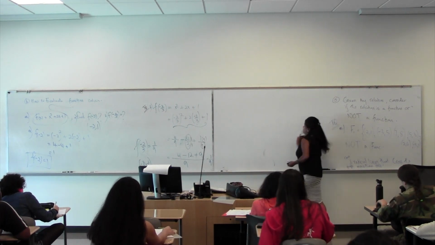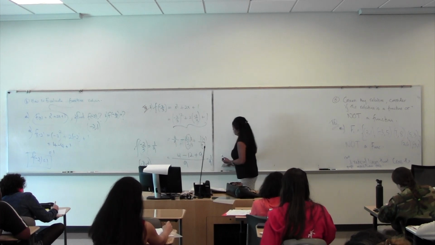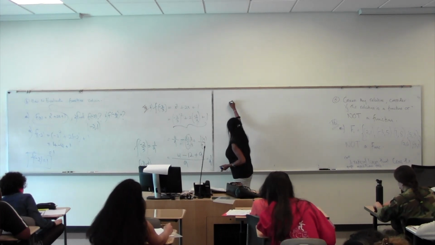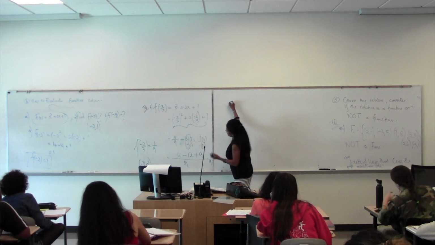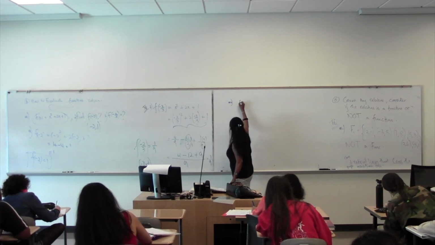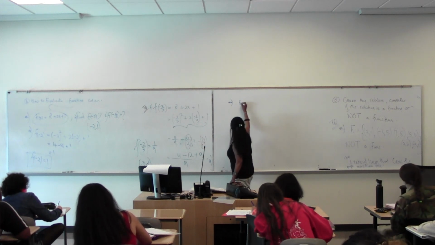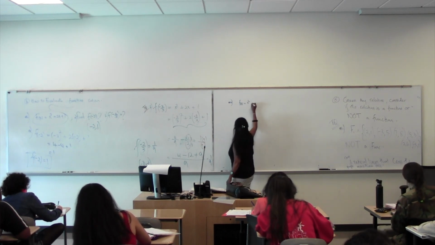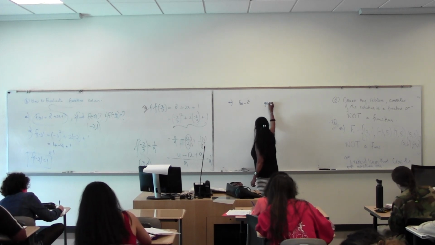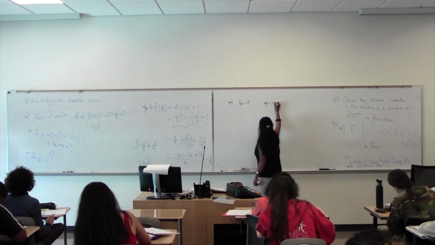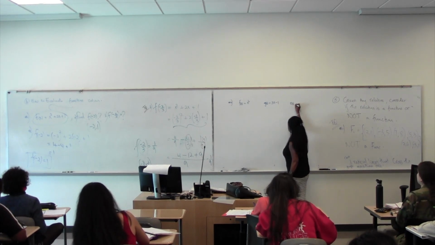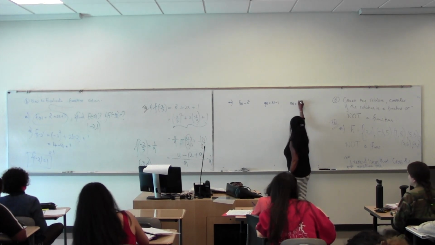So there are also problems like this I need to do. Evaluate, example number 2. So you will have f of x equal to x squared, g of x equal to 3x minus 1, and r of x equal to x to the power 3.